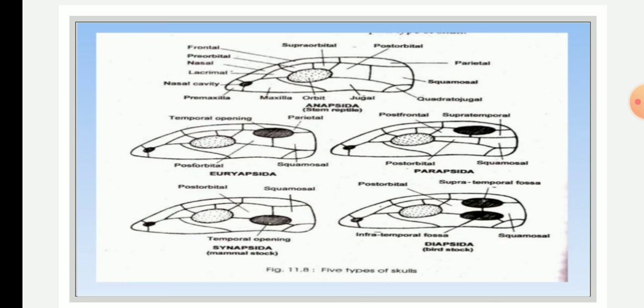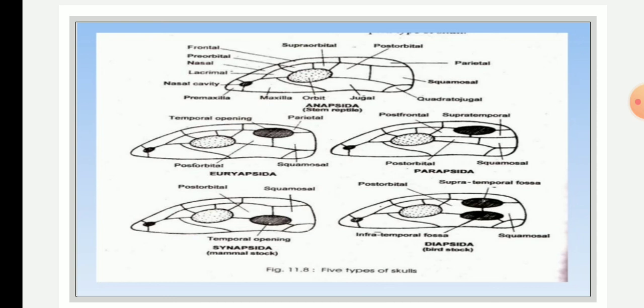Anapsid skulls were found in extinct reptiles where no fenestrae were present, but even in living animals like turtles and tortoises the anapsid skull is seen, without fenestrae. Okay, whereas in Euryapsida and Parapsida the fossa or fenestrae were present at the roof of the skull, but they were found in extinct reptiles.